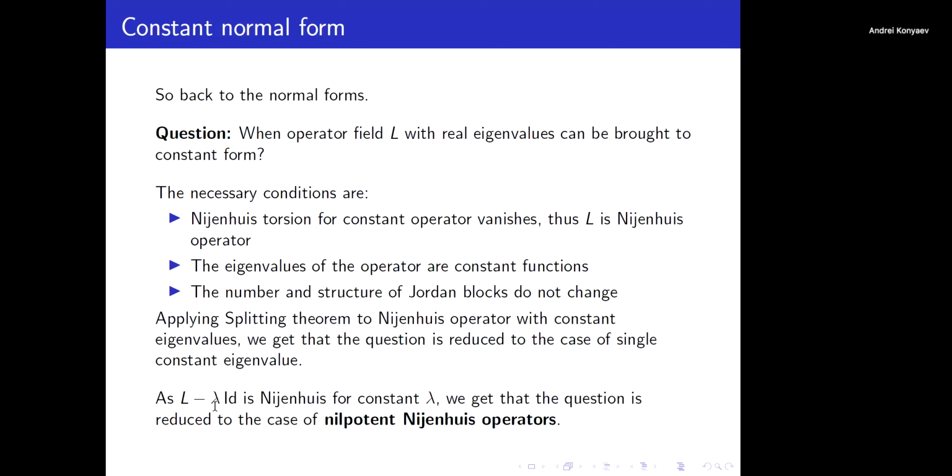So using the splitting theorem, we immediately reduced the question of the existence of a constant normal form of any operator field to the following question: when can a nilpotent Nijenhuis operator be brought to constant form?